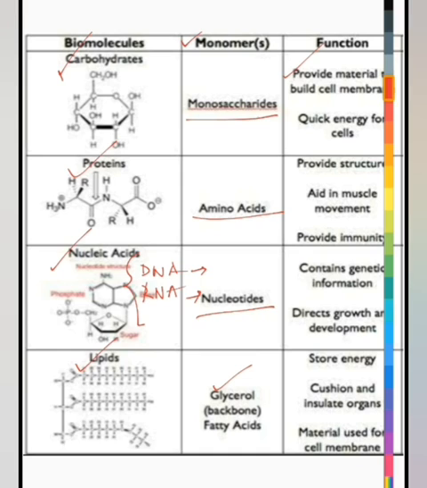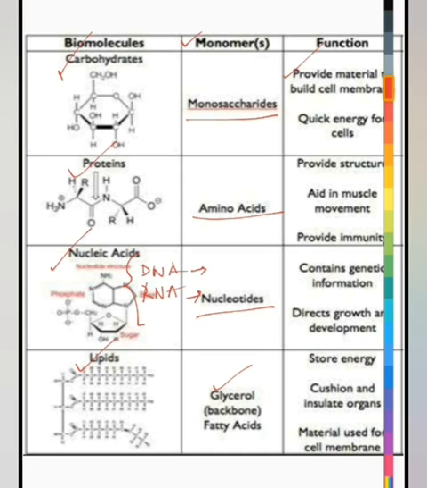They store energy. We all know that fats give us energy. They act as a cushion and insulate organs. So whenever we have any injury from the outside, due to this lipid or fat deposition on our internal organs, the organs are not as susceptible to damage, because these layers of lipids act as a cushion and insulate these organs.